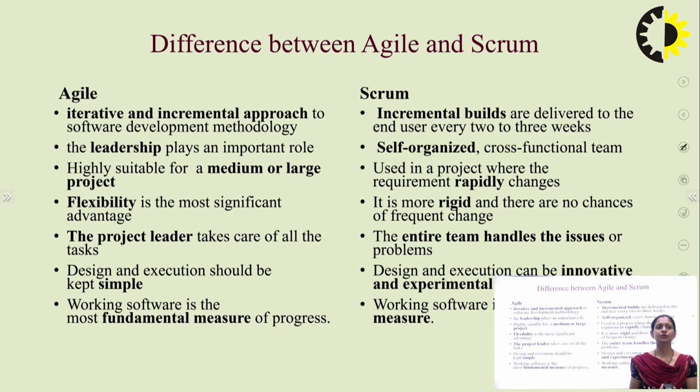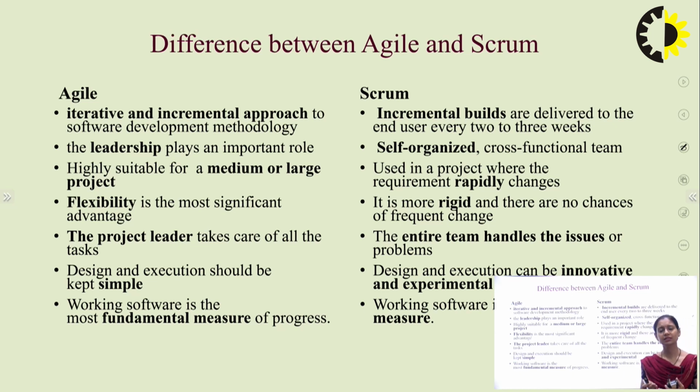Agile is mostly suitable for medium or large projects, whereas Scrum is required for those software projects where the requirements change very rapidly. The changing requirements decide whether we have to go towards Scrum or the Agile. For Agile, flexibility is a more significant advantage, but Scrum is more rigid because frequent changes cannot be there.